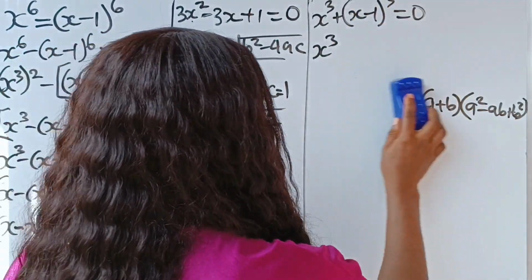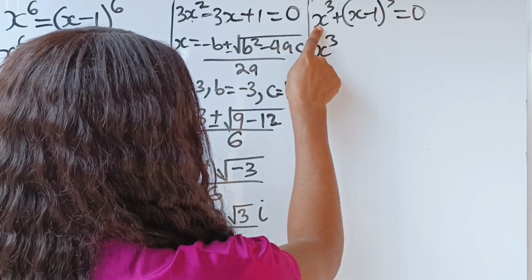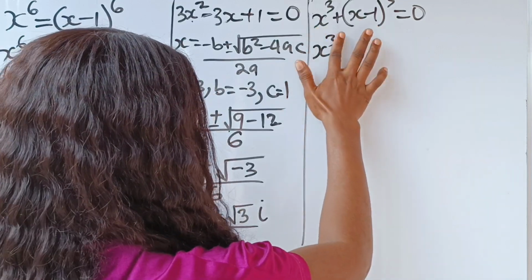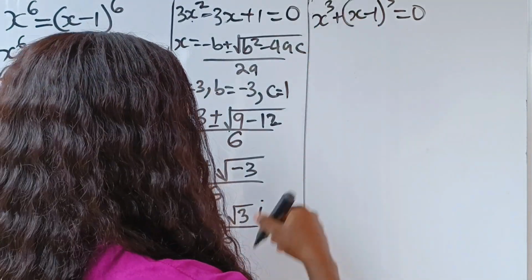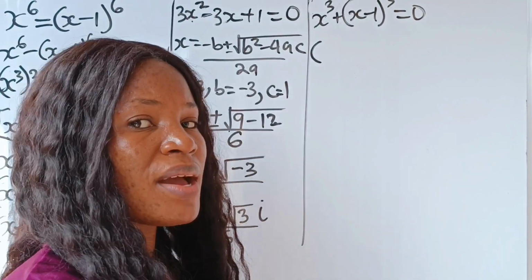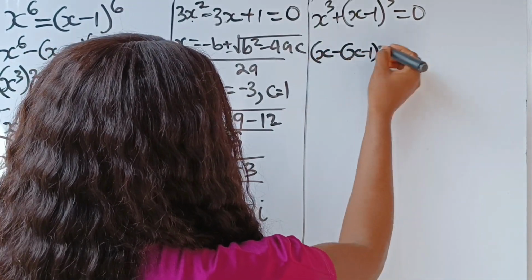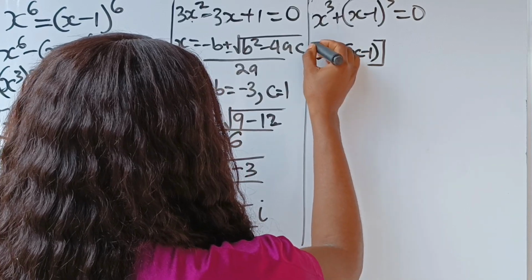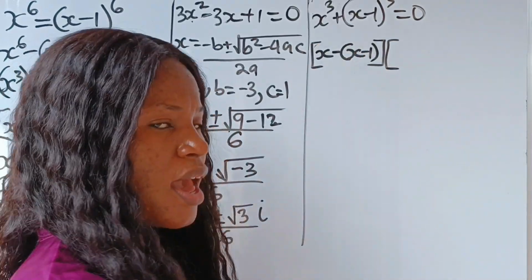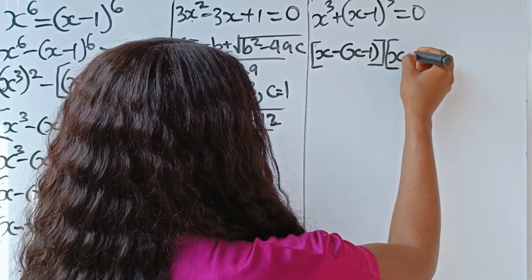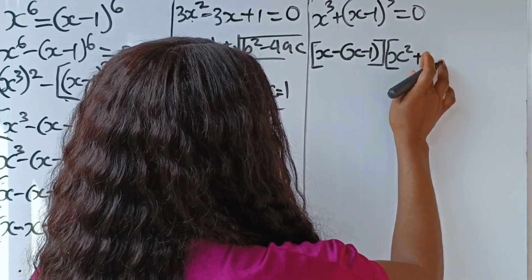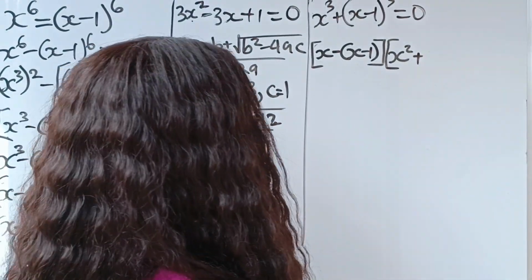So if we do that, we are going to have our a is x and our b is x minus 1. So the first bracket should be a plus b, right? So it's going to be x plus x minus 1. Now the second bracket will contain what? A squared, that is x squared, plus 2ab, sorry, right?